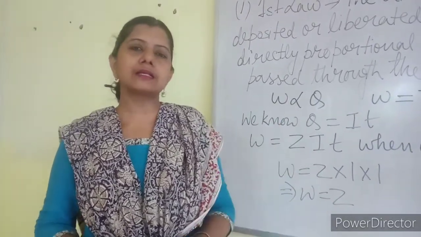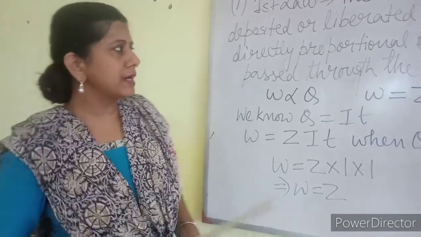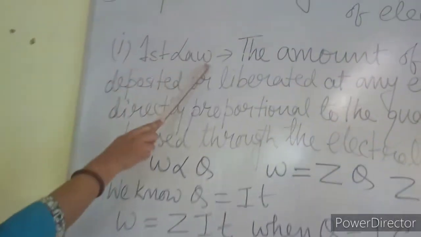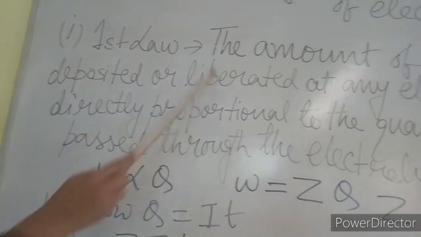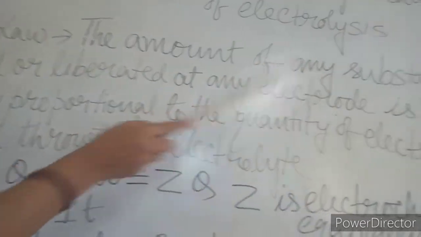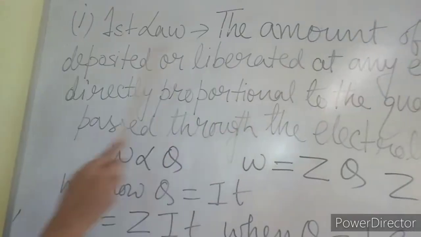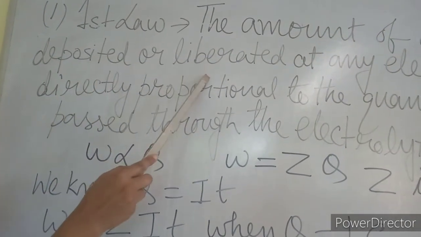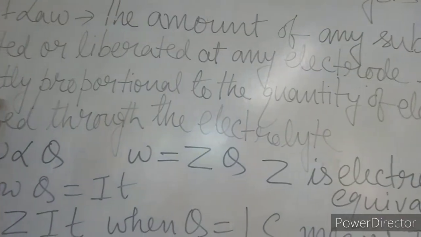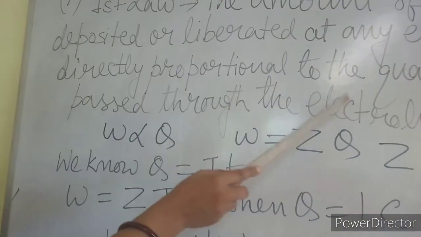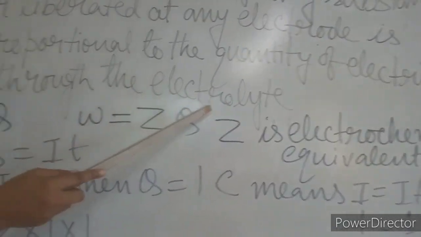So Faraday has given two laws regarding electrolysis. The first law, Faraday's first law, states that the amount of any substance deposited or liberated at any electrode is directly proportional to the quantity of electricity passed through the electrolyte.